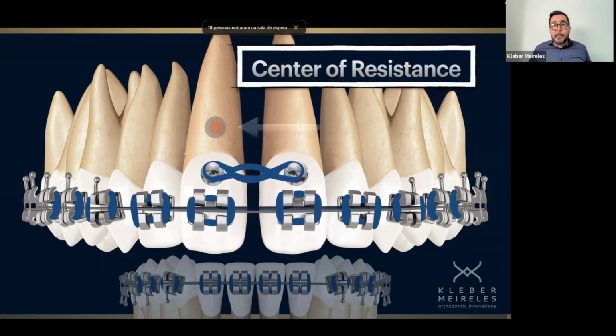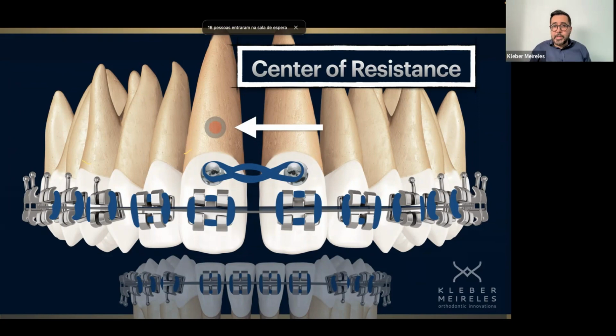Why is that? Because the center of resistance is in the same position. It's away from the line of action of the force. So when we are applying this type of mechanics here, we're having two forces being summed, and those forces are not in opposite directions in relation to the center of resistance.